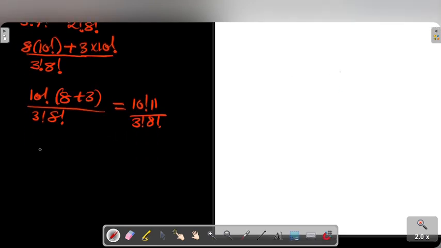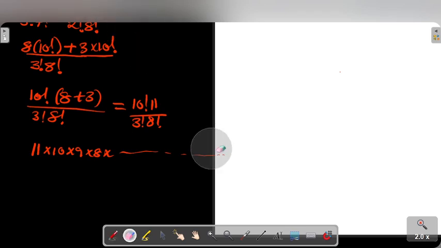Now we can see that 11 is a bigger number, so we'll start with 11, then times 10 factorial. Remember 10 factorial can be written as 10 times 9 times 8 and so on up to 1.